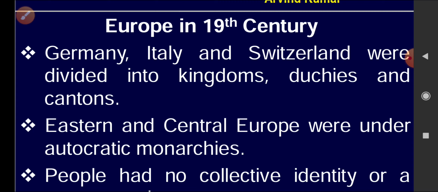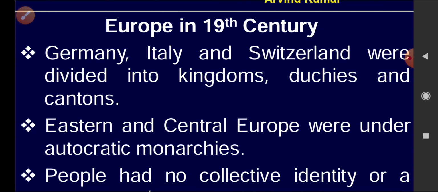For example, the Habsburg Empire ruled over Austria-Hungary. It included the Alpine region, the Tyrol, Austria and Sudetenland as well as Bohemia. These topics you may read from your book too.